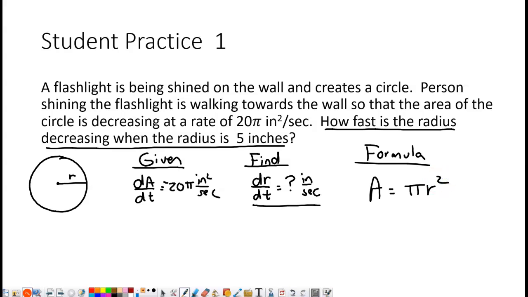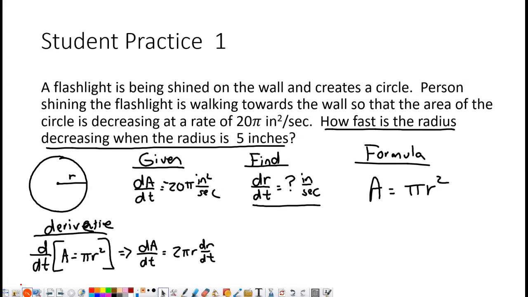All right, let's go ahead and have you guys, this one's an important step, find the derivative of that expression. So go ahead and pause the video and see if you guys can find the derivative. And this is what you would have got.